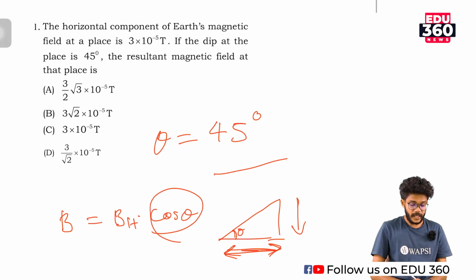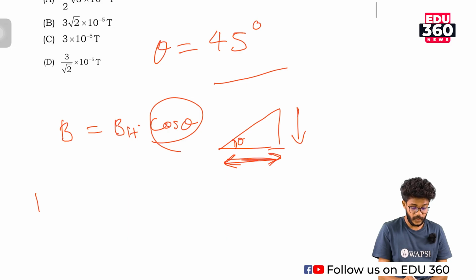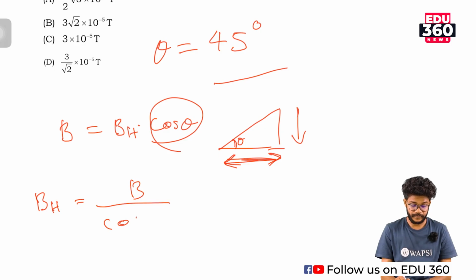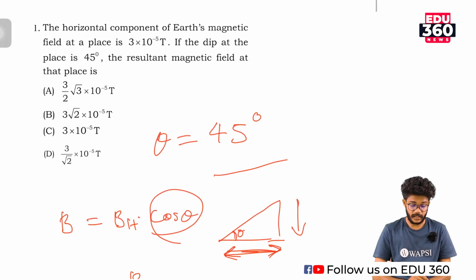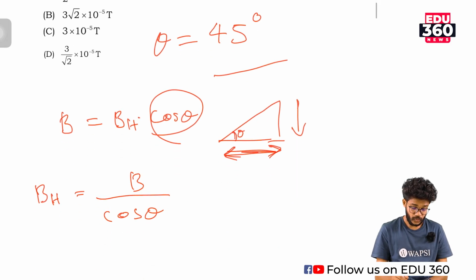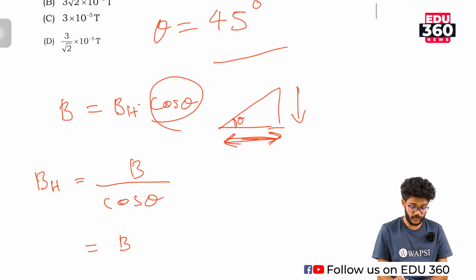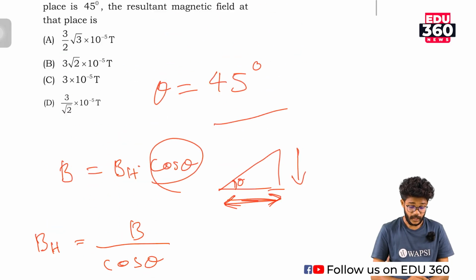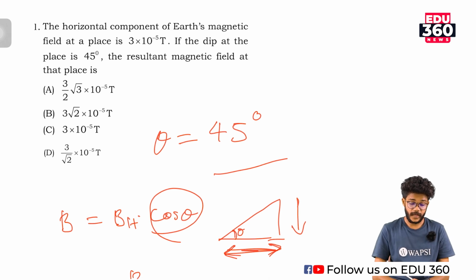the horizontal component BH is 3 into 10 raised to minus 5. So that means the magnetic field of Earth is equal to BH divided by cos theta. And what is theta? 45. So cos 45 is 1 by root 2. So BH into root 2 is the value. What is the value of BH? It is 3 into 10 raised to minus 5.